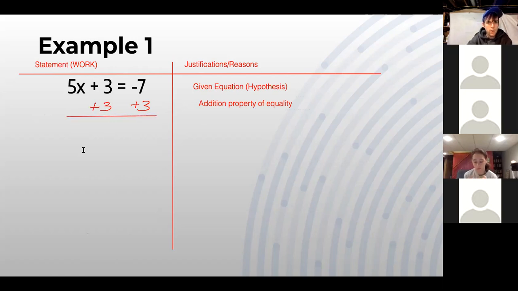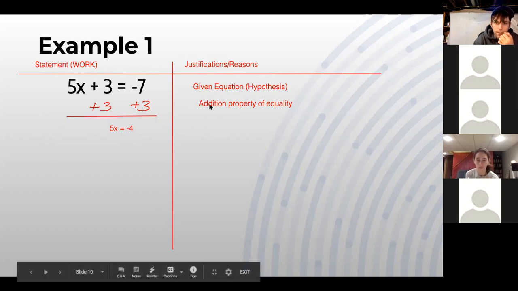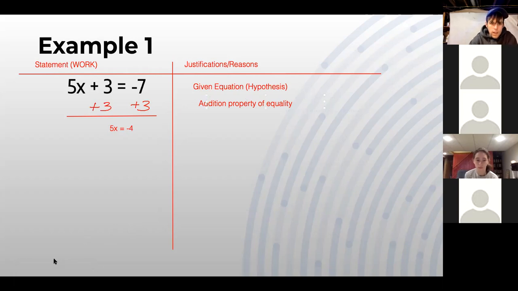All right, so now what does our equation become? Our equation becomes 5x equals negative 7 plus 3 is negative 4. That's a good question. Thank you for pointing that out, because that is totally not what I did. Let's just go ahead and pretend that I did it right.